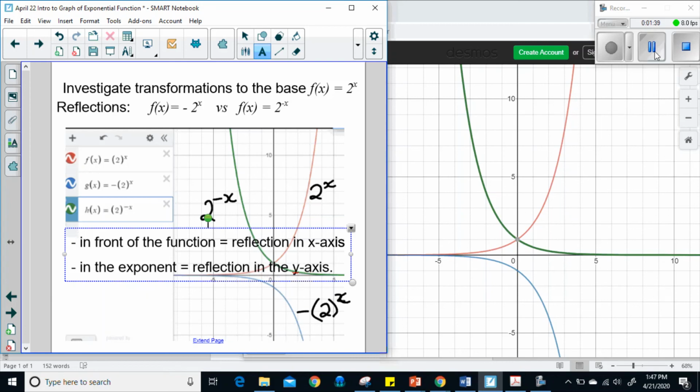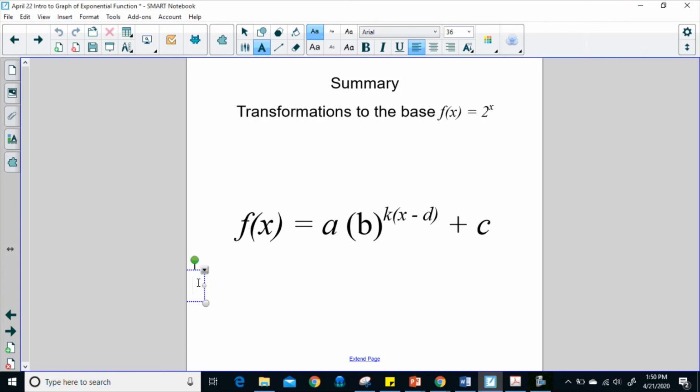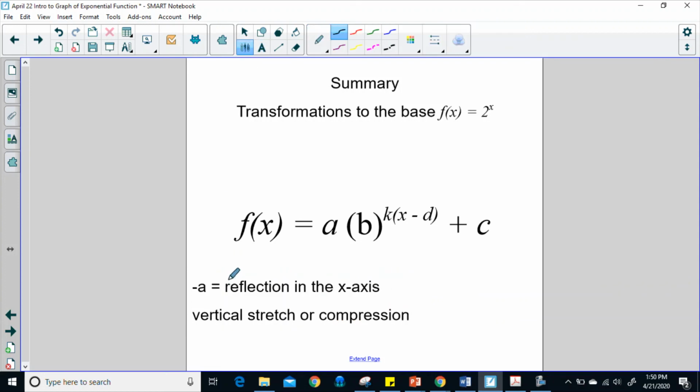All right, let's put it all together and finish this off. Let's summarize everything. So our general form of our function looks like this. So the a value: a negative a value is a reflection in the x-axis, and it is also a vertical stretch or compression. So that is our a value.